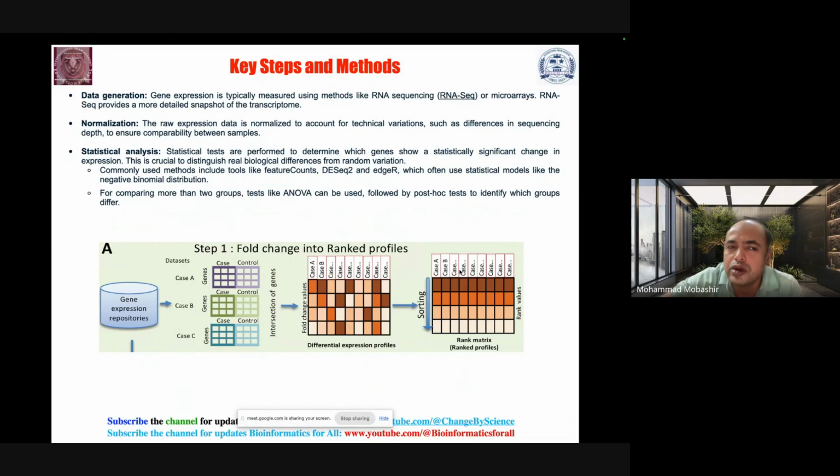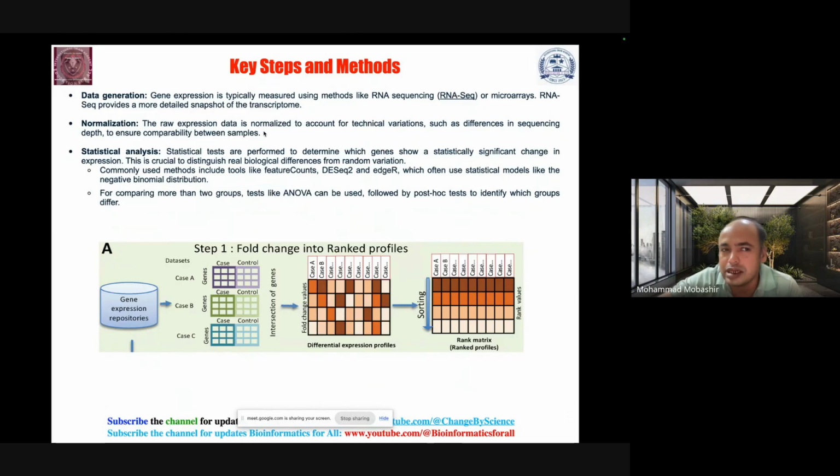Now it comes to normalization. These are the pre-processing steps before the fold change or differential expression calculation. The raw expression data is normalized to account for technical variations such as differences in sequencing depth, to ensure comparability between the samples.